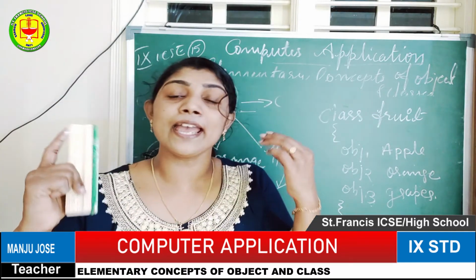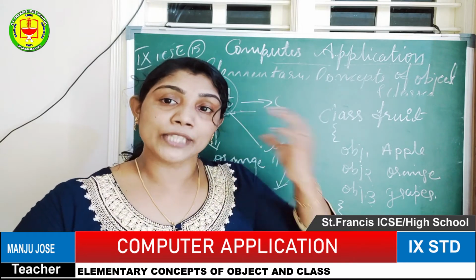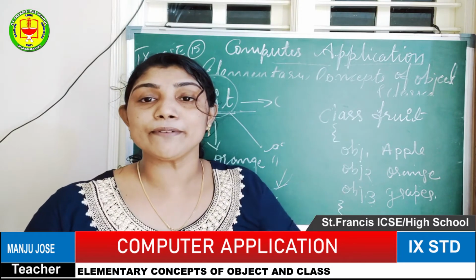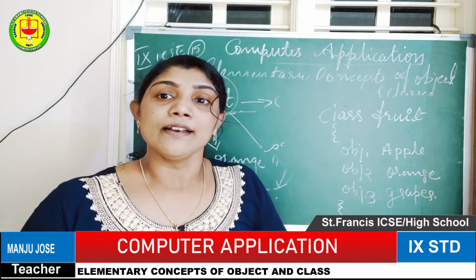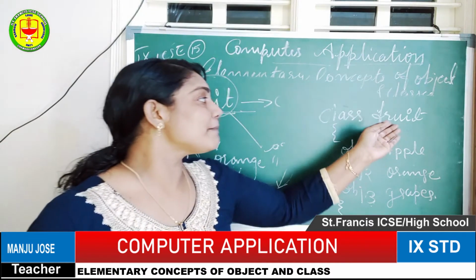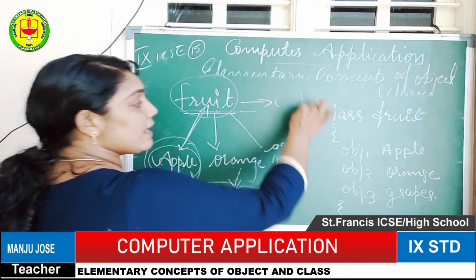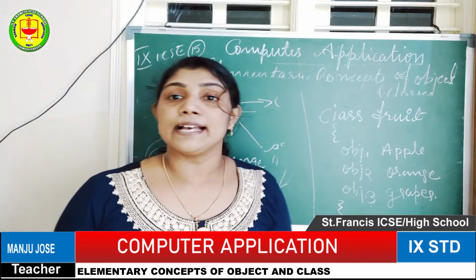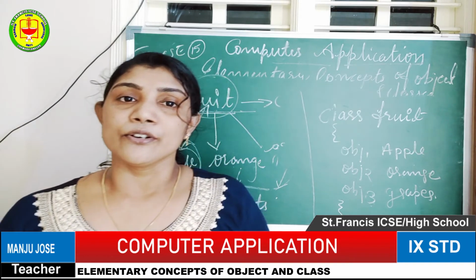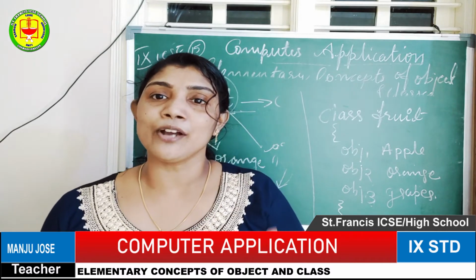Class is just like a frame. It can combine a number of objects and also their own data members and member functions. Data members and member functions are some groups of variables and activities, that means the methods and activities we are using. So that is called members and member functions. This is the way we are using classes and objects. I hope you understood. This is the second time I am explaining classes and objects.